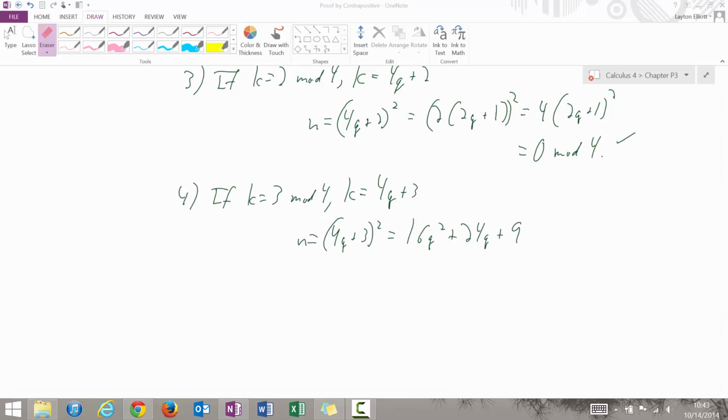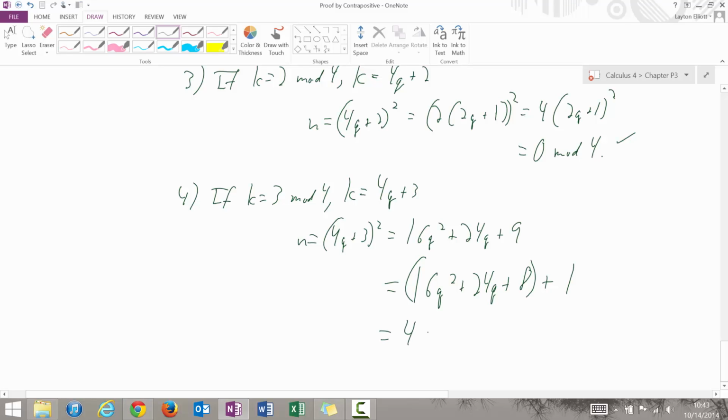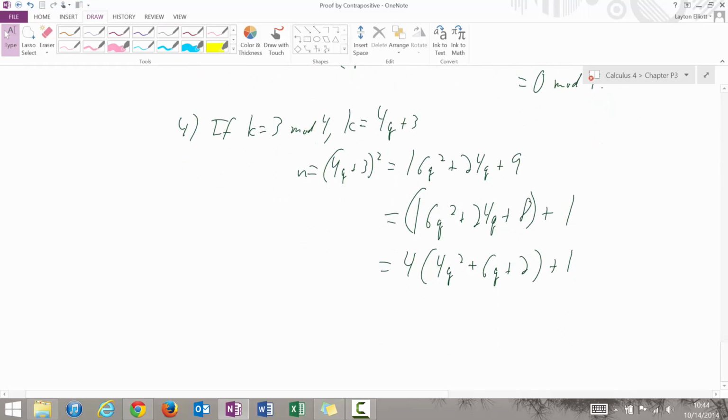Now the way that we can deal with that even better is if I split that up into 16q squared plus 24q plus 8 plus 1. And you can see we can pull a single 4 out. I could actually pull an 8 out, but let's keep the 4 because that's what the proof is going for. Plus 2 plus 1. So I have 4 times another number plus 1, and that's equal to 1 mod 4. So I've done it for each of the 4 cases, and we're done with the proof.